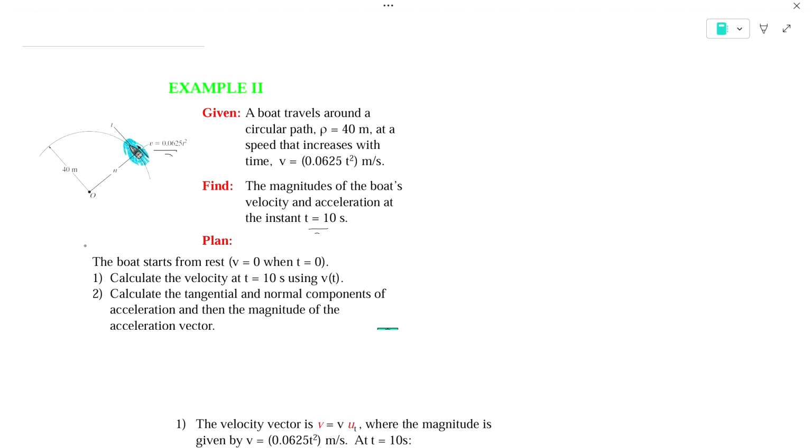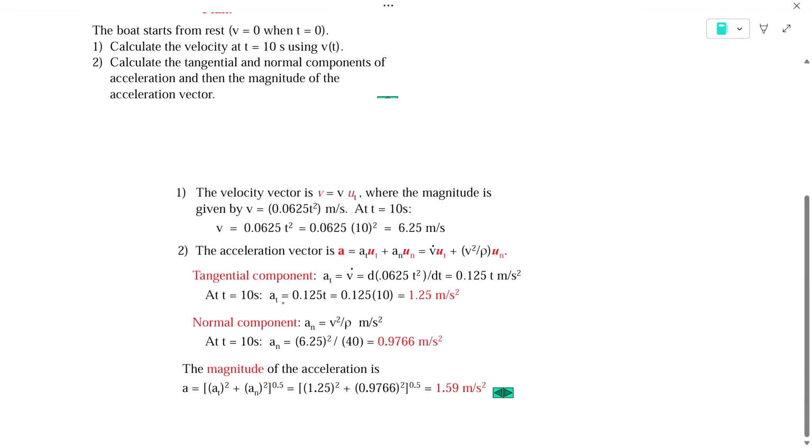All right, so the plan is to basically find the terms at 0 and 10, or any other points that they're asking us. And also we need to calculate the tangential and normal components of the acceleration. So we know that the tangential velocity is equal to the instantaneous velocity times the unit vector in the tangential direction.